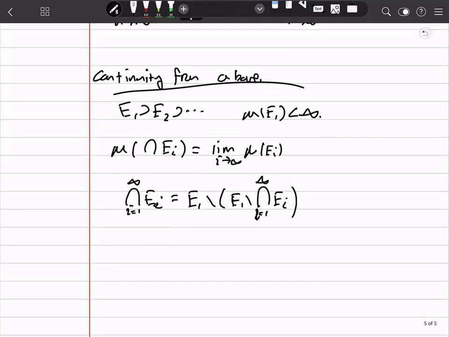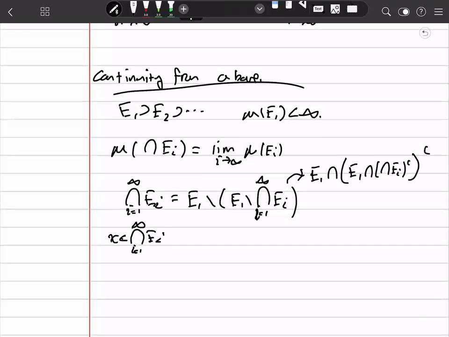Right, how can we see that? Well, if x is in the intersection of E sub I from I equals 1 to infinity, so if we expand this out, this is going to be E1 intersect the intersection of E sub I. This is going to be E1 intersect, and in the complement here, this is going to be E1 complement, right?